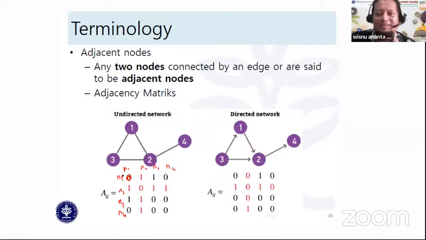We just talk about interaction between two nodes. Because 1 has a link to 2, we set the value 1 for node 1 and node 2. But because there is no interaction between 1 and 4, the value here is 0.